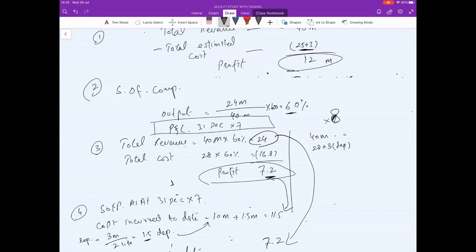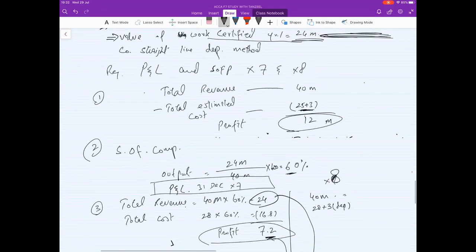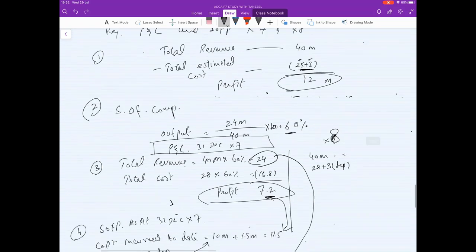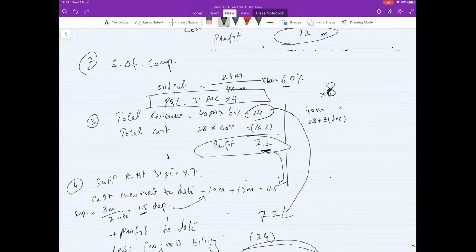So it means 25 is the total cost. 3 million is what you bought the machine for, and by the second year it will have zero scrap value. It will have 1.5 depreciation for one year, 1.5 depreciation for the second year. So this is going to be the total cost. If you minus this, it means 9. So you will have a profit of 9.